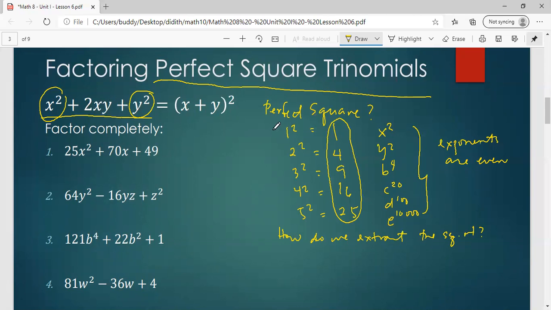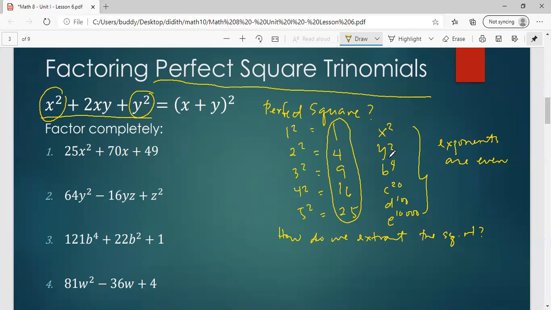Well, going back to these figures, as I was saying, the right side of the equation is a perfect square. Extracting the square root of a perfect square expression will result in the base on the left side of the equation. That's the square root.